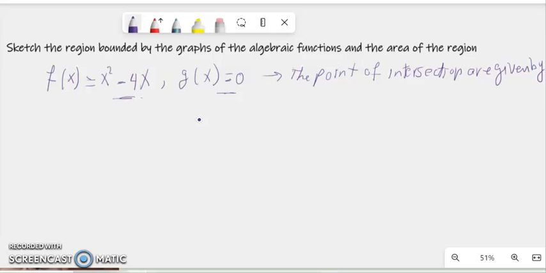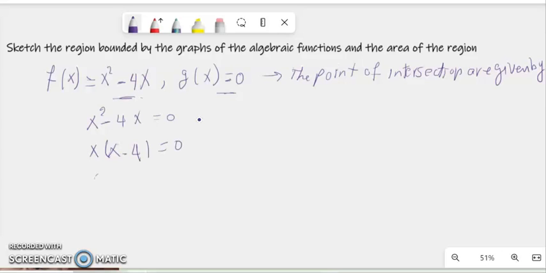The two functions intersect when they equal each other for the y value. So we make the two functions equal to each other: x squared minus 4x equals 0. Take x as a factor, so that would be x times (x minus 4) equals 0.